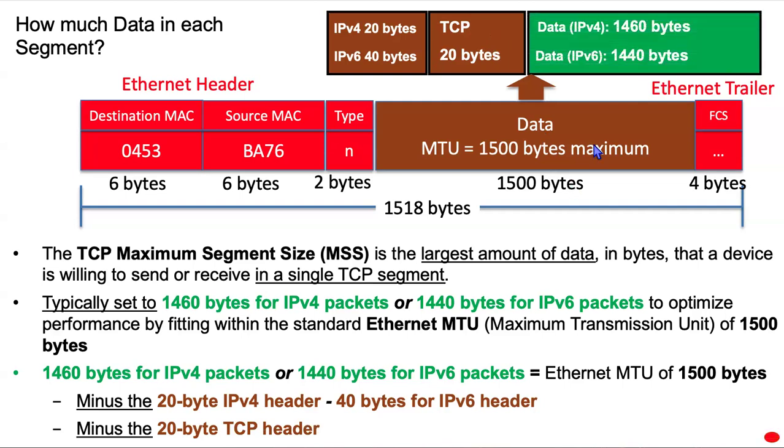So that leaves us, to get to 1,500 bytes for the Ethernet MTU, with 1,460 bytes of data for IPv4 or 1,440 bytes for IPv6. So this is typically the number that we're going to be seeing instead of 1,000. And we'll use that in later videos.